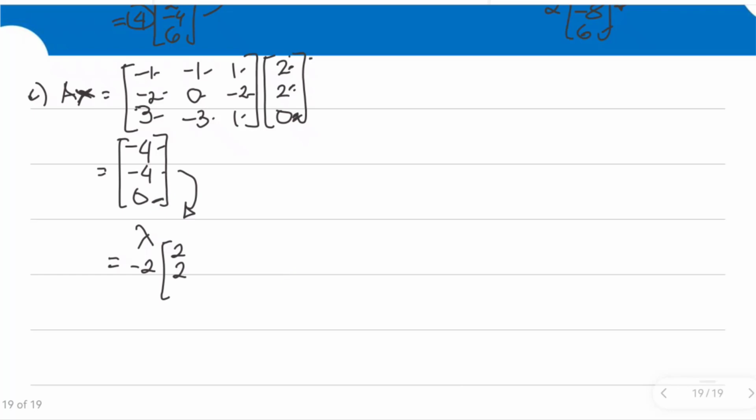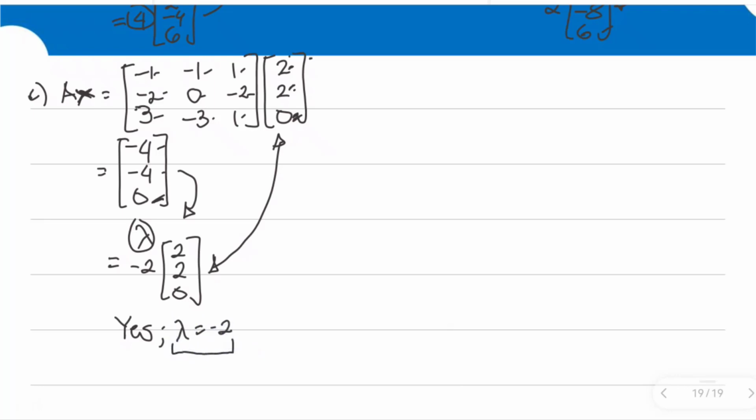And since it is 0, no matter what the value of the lambda here is, it's still 0. Because once you multiply negative 2 times 0, it just returns to this value. Look at the two vectors. They are the same. In short, the x vector in letter C is also an eigenvector of matrix A, where lambda is negative 2, or more specifically, where the eigenvalue of the given eigenvector is negative 2. So we have 2 now.